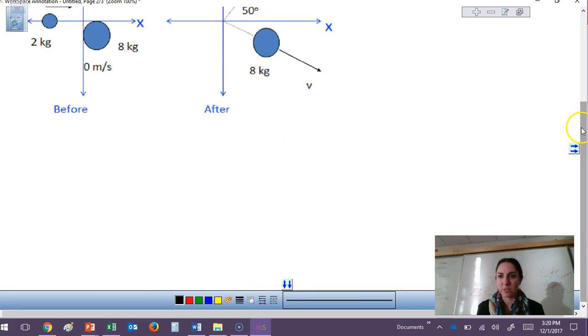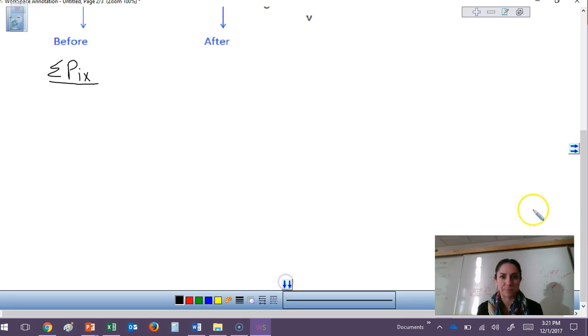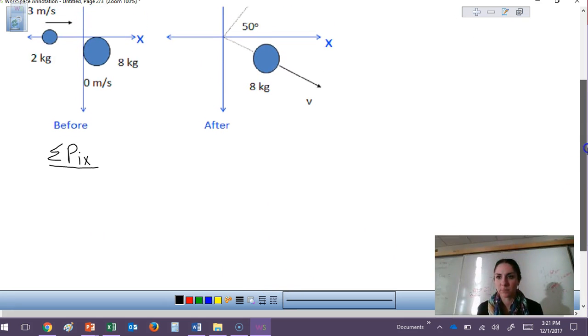Let me just get some space. Alright, so let's look at the horizontal parts first. It doesn't matter the order, you can go vertical, but let's look at the horizontal part. The initial horizontal part, I'm going to put it underneath here, and we know by conservation it has to equal the final horizontal parts.